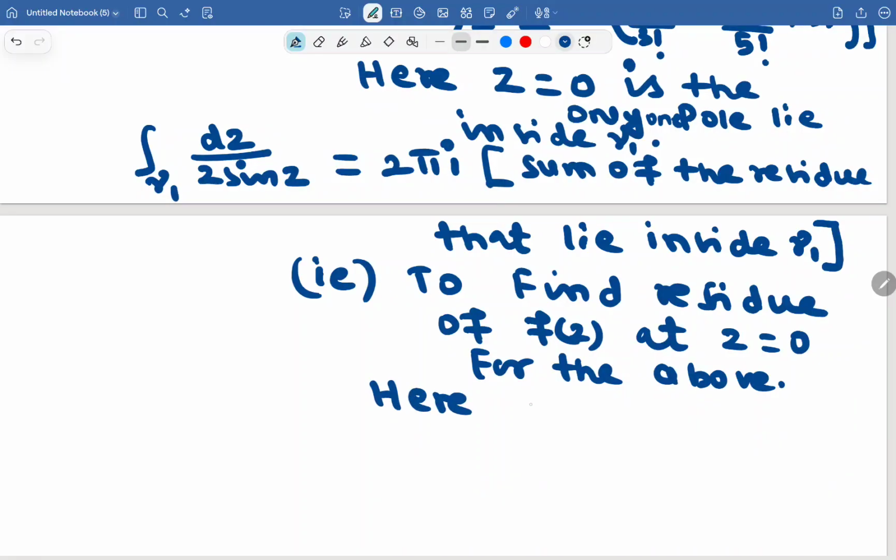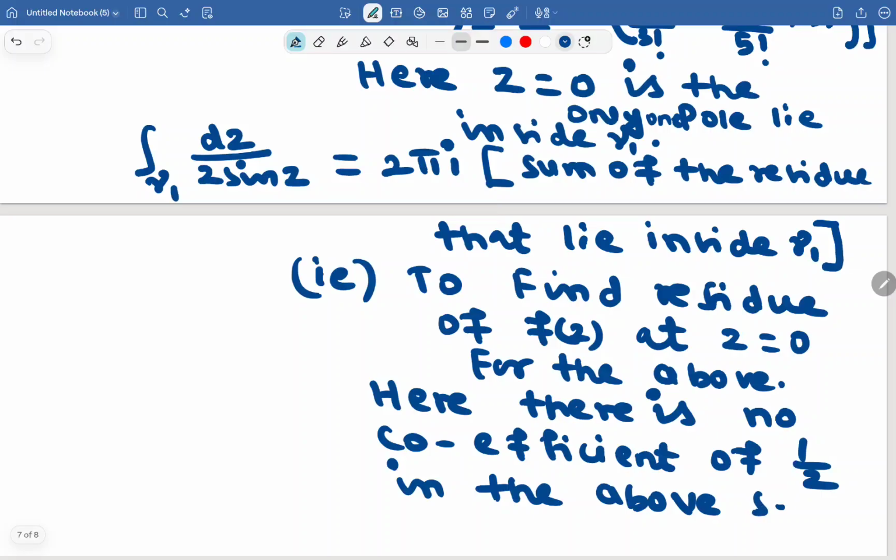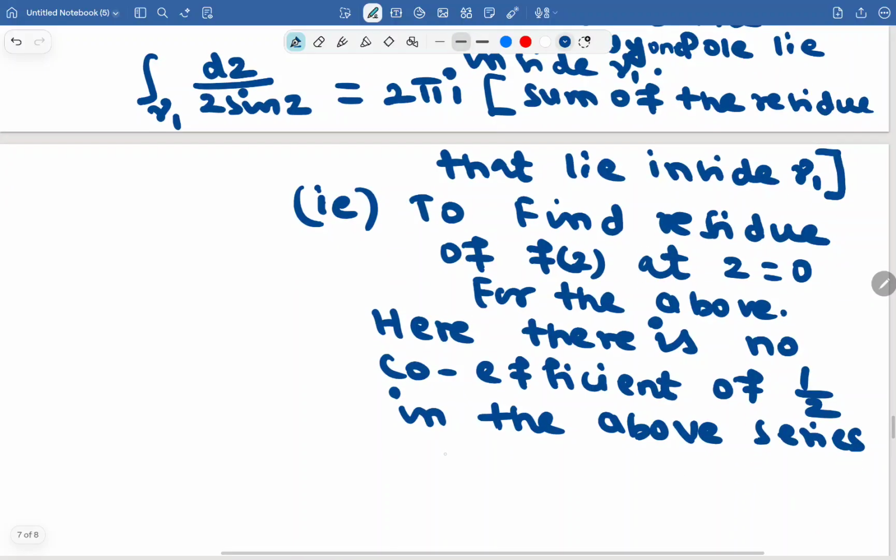Here there is no coefficient of 1/z in the above series. This is the method to find residue: the method is to find the coefficient of 1/z in the Laurent series expansion.